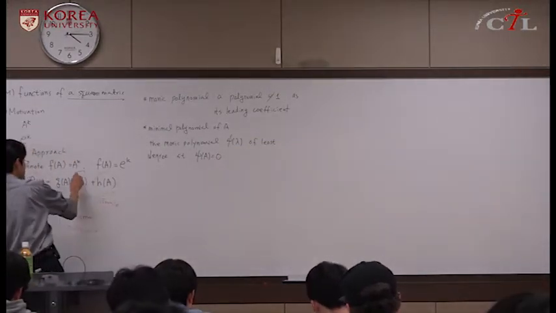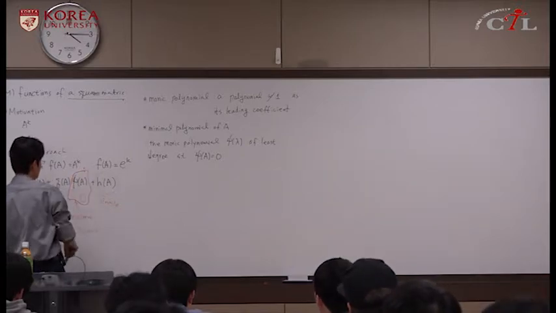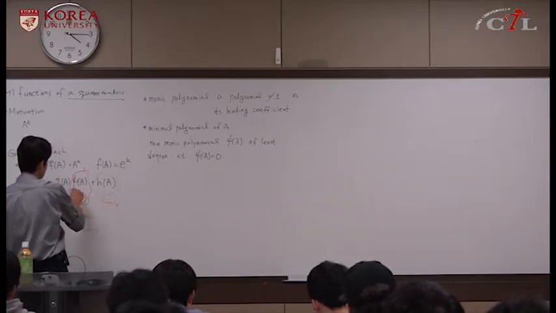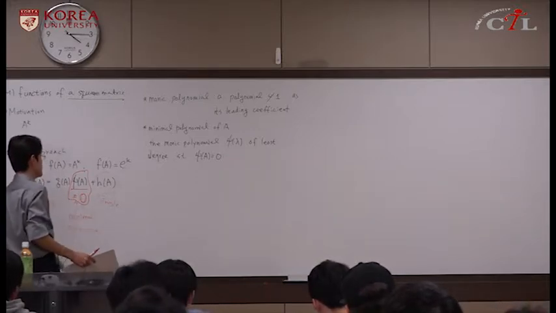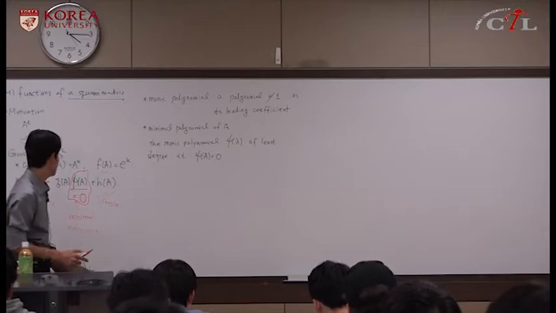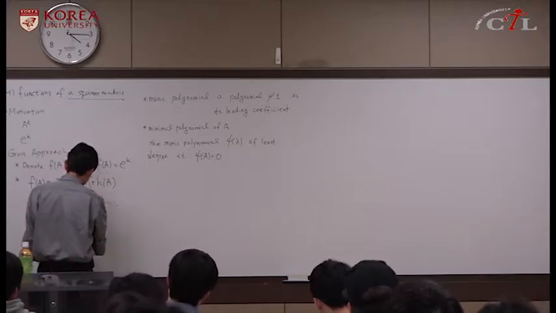So this is the minimal polynomial that gives zero, and it should be a monic polynomial of least degree. Then we say that it is the minimal polynomial of A.